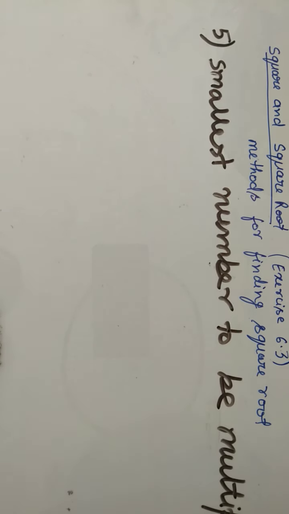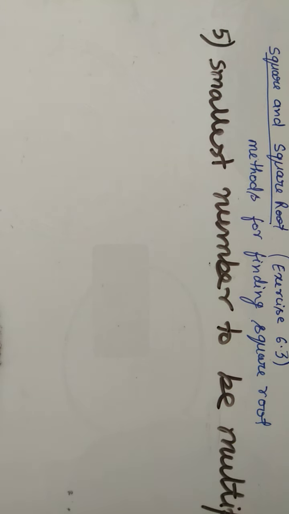The question is: what is the smallest number that needs to be multiplied to get a perfect square? Whenever we have such a number, we have to find the least number to be multiplied or divided. In that case, we will find the square root by the same prime factorization method.